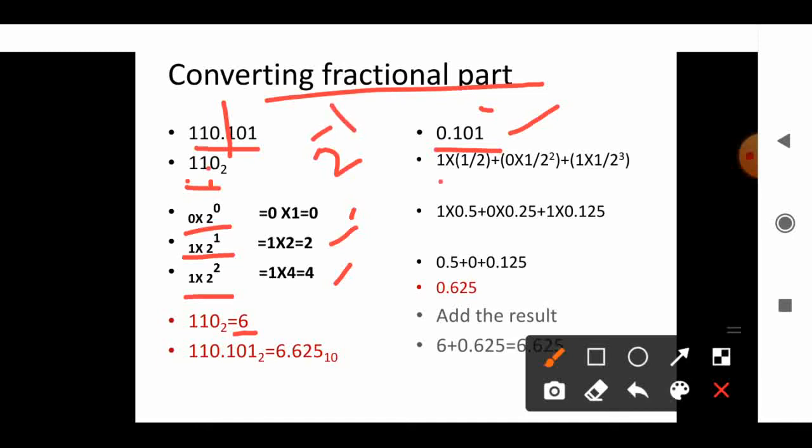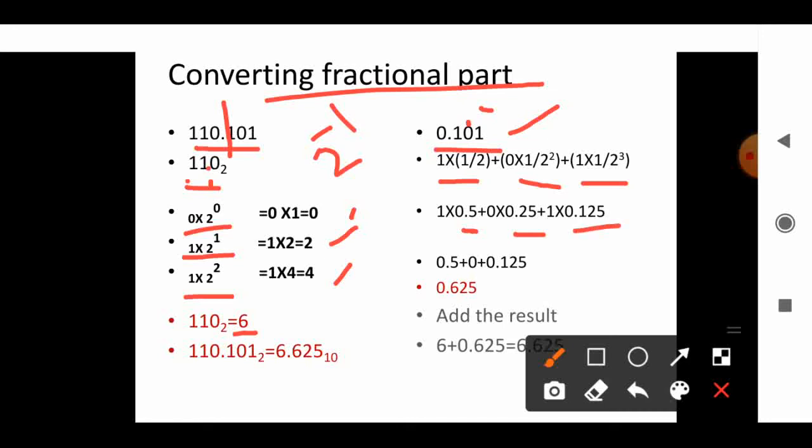That is 1 by 2, then 0 into 1 by 2 squared, then 1 into 1 by 2 cubed. So 1 by 2 is 0.5, 1 by 2 power 2 is 0.25, and 1 by 2 power 3 is 0.125.